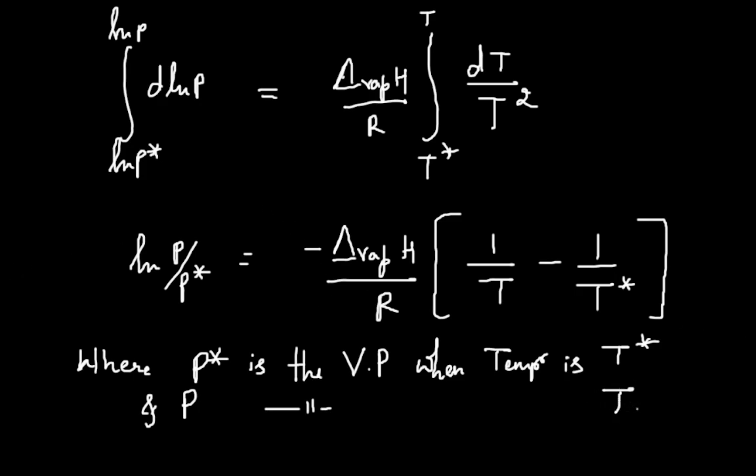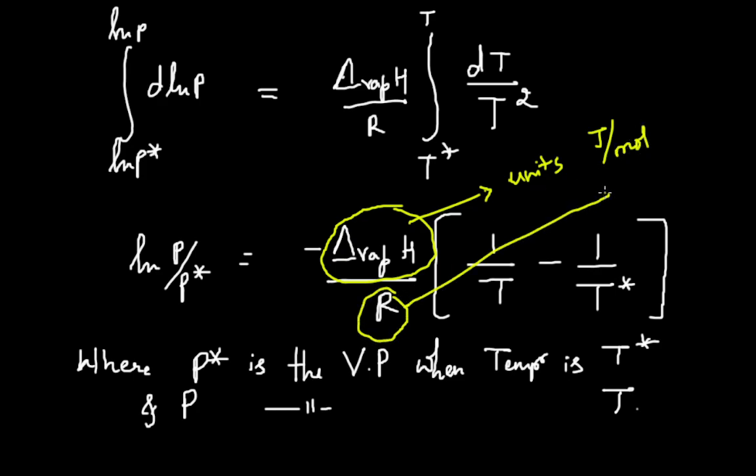Point to be noted, delta vaporization H should be in units of joules per mole. The reason is your R is also 8.314 joules per mole Kelvin, and both the temperatures should be in Kelvin scale because the units have to cancel.